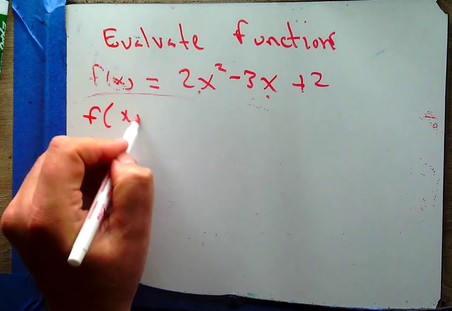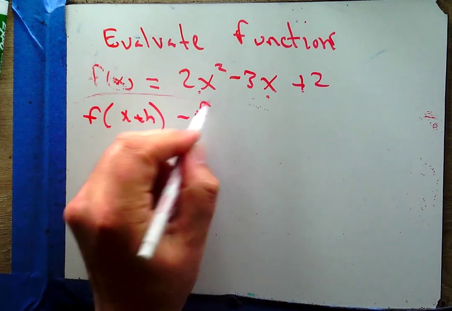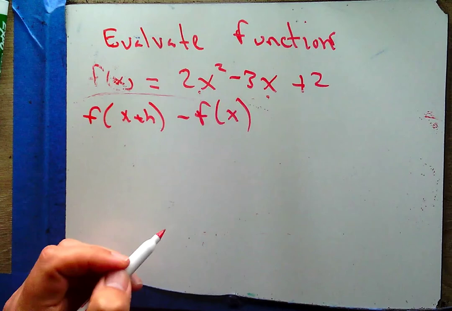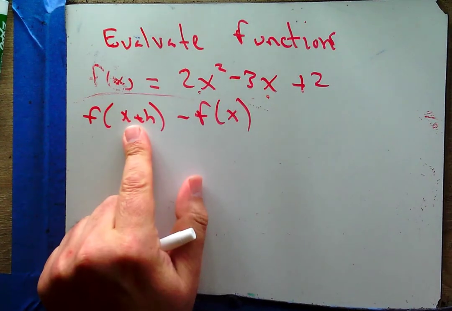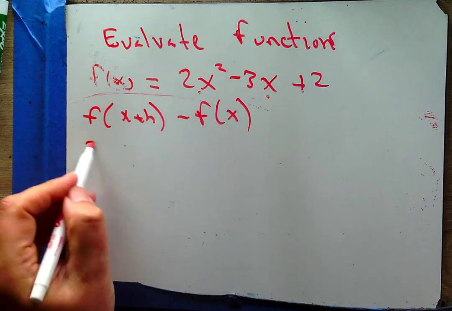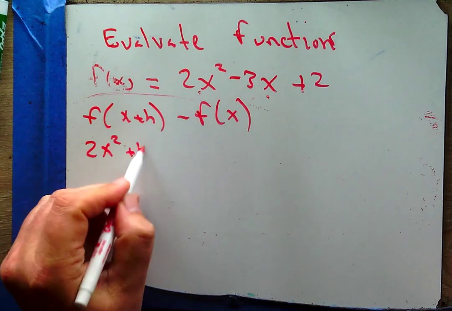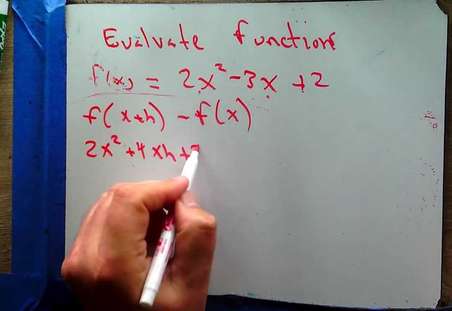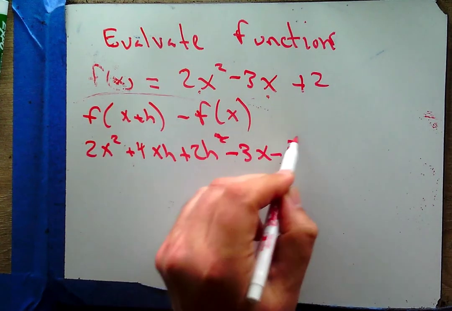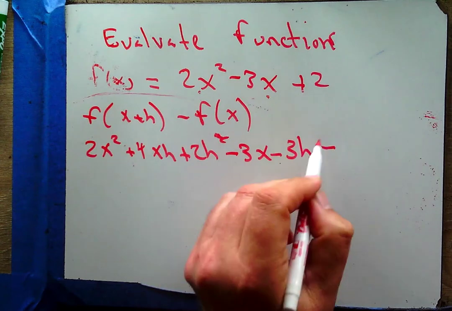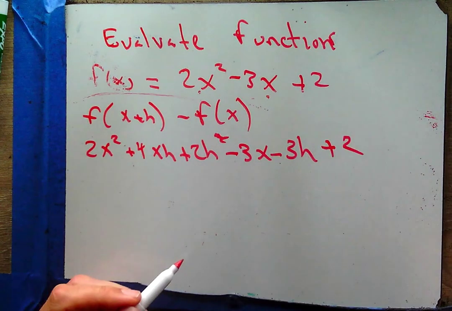What about f of x plus h minus f of x? Well, that should be easy because we found f of x plus h, and wasn't that 2x squared plus 4xh plus 2h squared minus 3x minus 3h, don't forget to distribute that negative, plus 2.